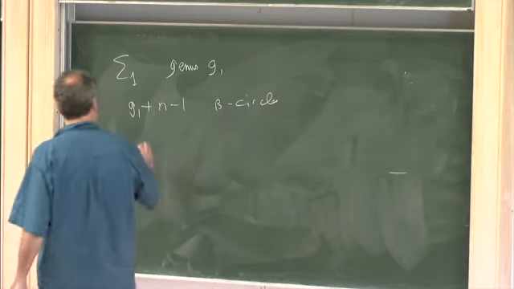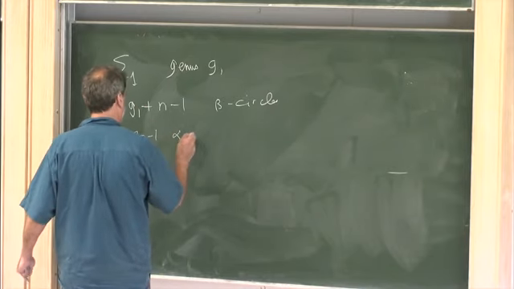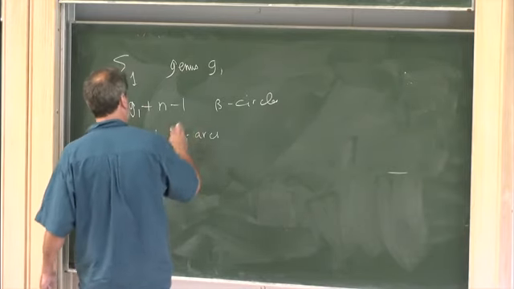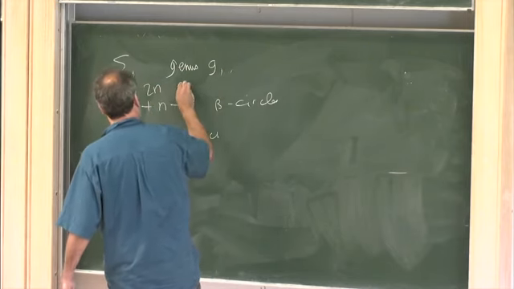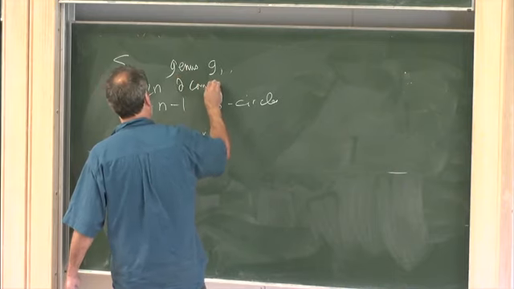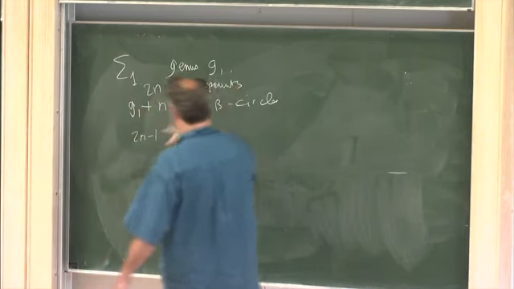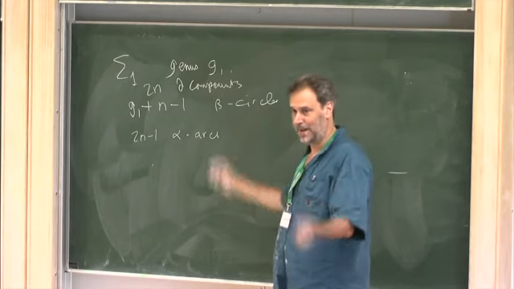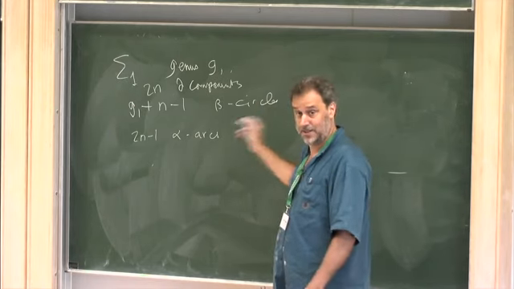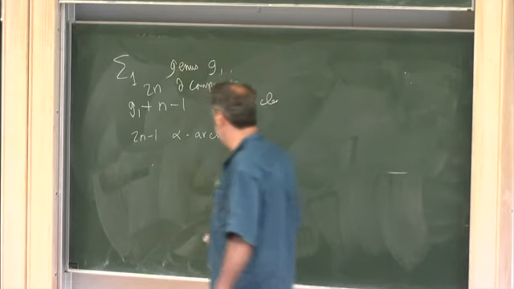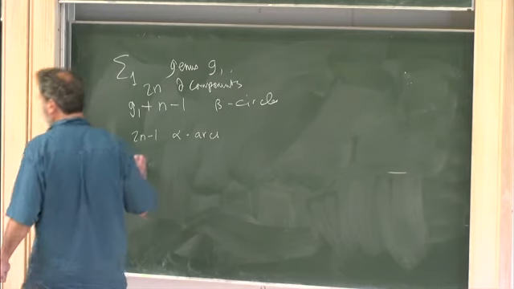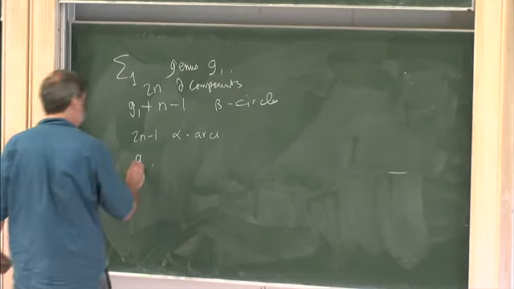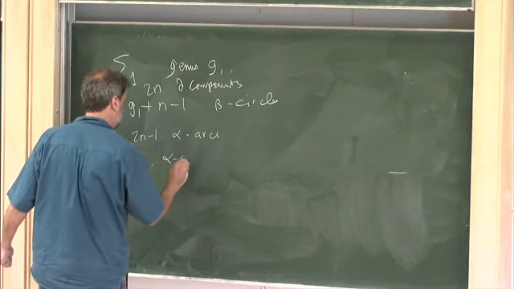It has 2n boundary components. 2n minus 1 alpha arcs that connect the boundary components into a linear chain, as I drew earlier, and it has G plus n minus 1 and G1 alpha circles.